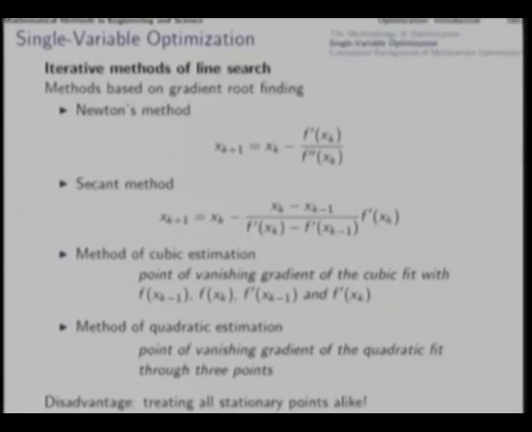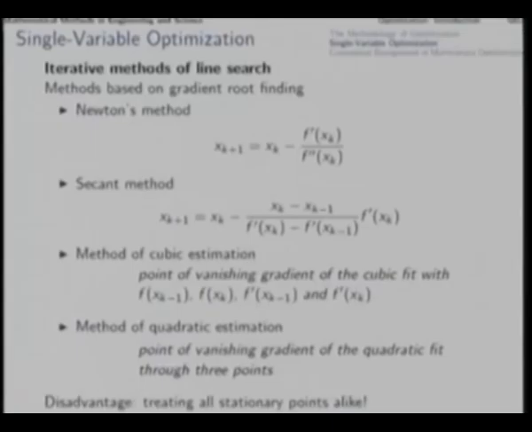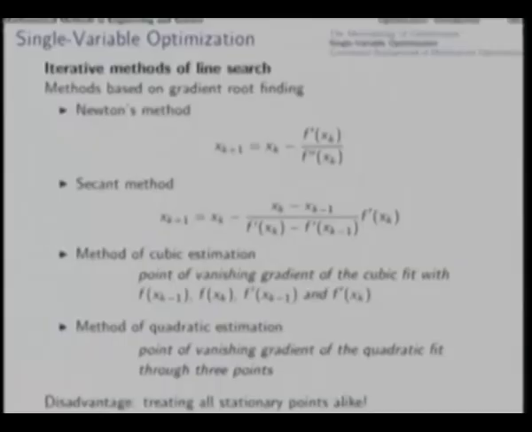So, the disadvantage of all these methods is that they treat all stationary points alike and do not differentiate between a minimum and maximum. If the problem is such that it has a minimum and perhaps not a maximum, then any of these methods will work out nicely. On the other hand, for a problem which has lots of minima and maxima, this kind of method runs the risk of reaching a maximum point.